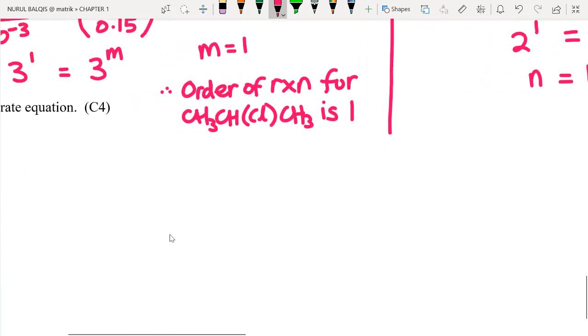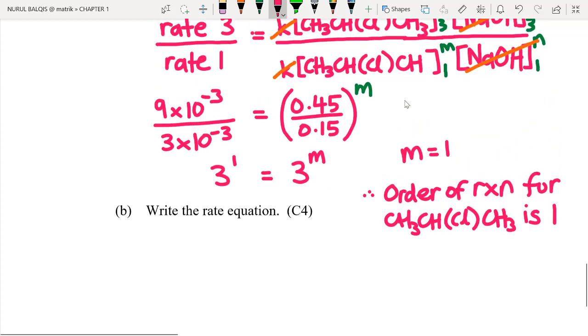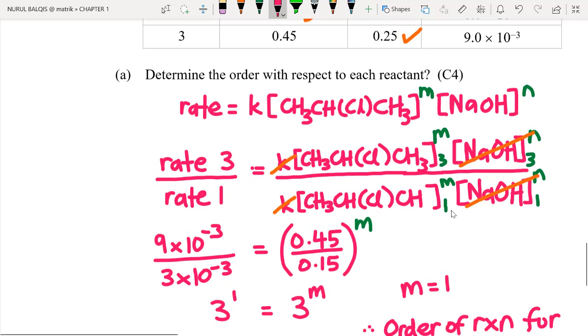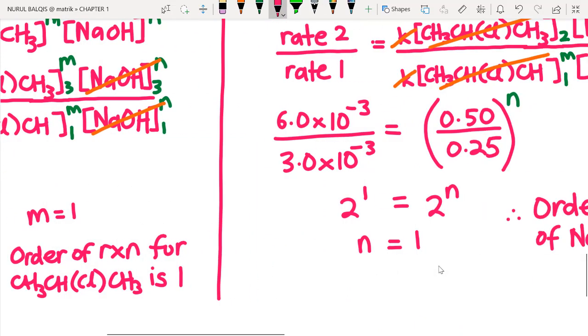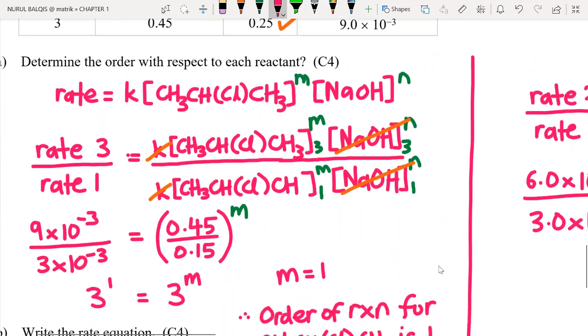Okay, next, we need to write the rate equation, in other words, the rate law. We cannot use the rate law with unknown orders of reaction. We need to apply the values that we have already calculated for M and N. We already know the order of reaction for both reactants is 1.